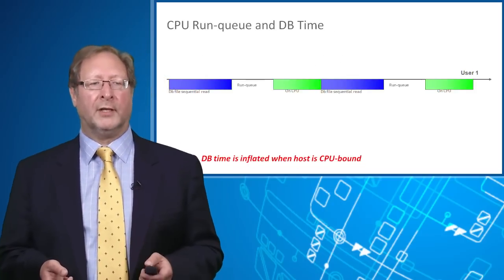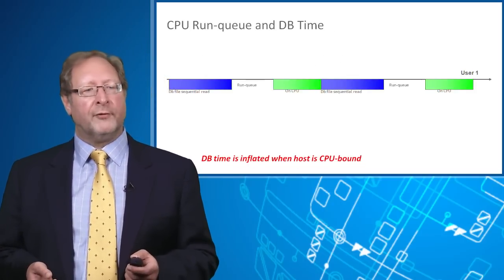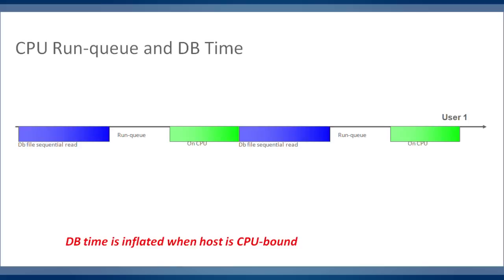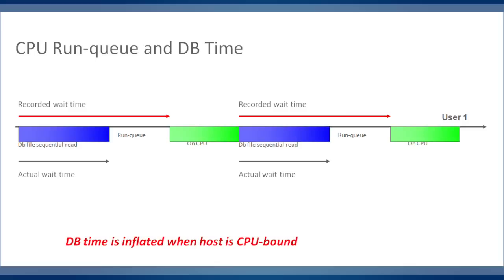So in fact, we have a little graphic for that. Here we have a user session that is doing some I/Os, so it does a blue I/O. The actual time that it takes for the I/O to complete is represented by the blue. But this is on a system that is CPU bound, and for that wait event to be completed within the database code, our process has to get onto the CPU and so it has to sit in the run queue.